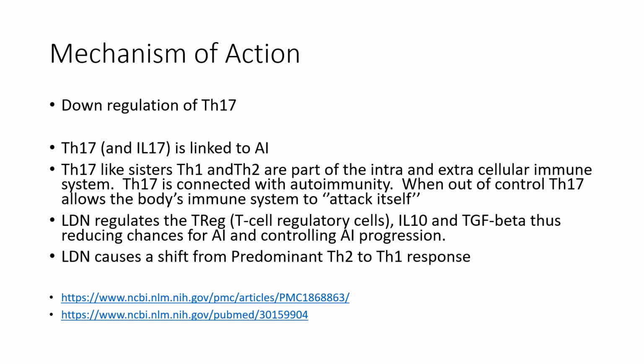LDN causes a shift from a predominant Th2 to Th1 response. Think of Th2 as outside the cell and Th1 response as those inside the cell. We would rather have a more prominent Th1 in an autoimmune prone person than a rampant runaway Th2 system.